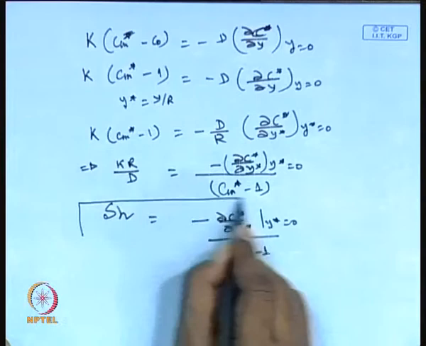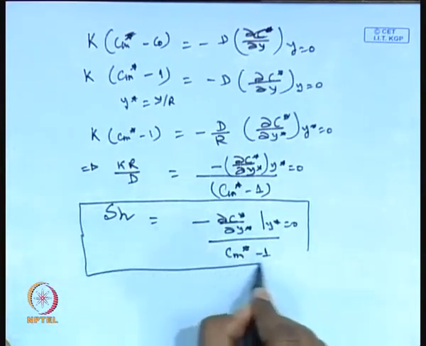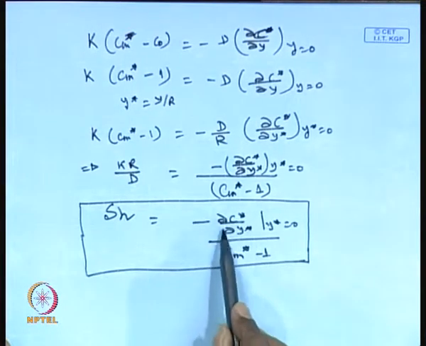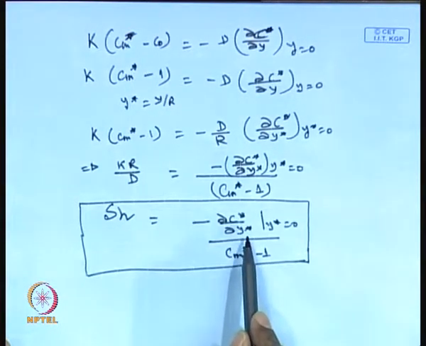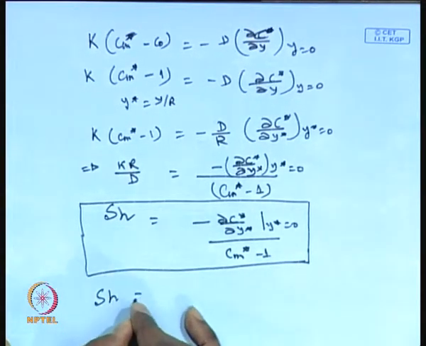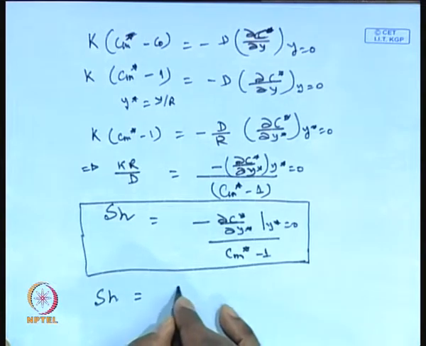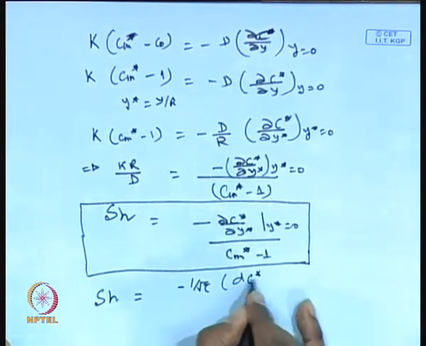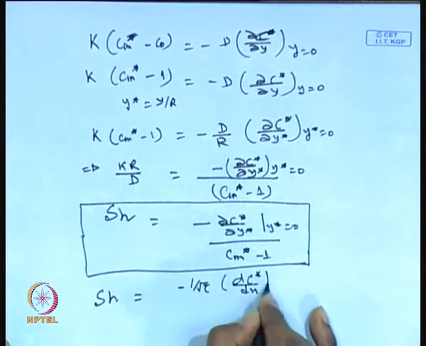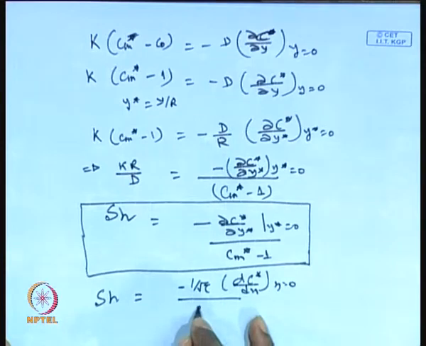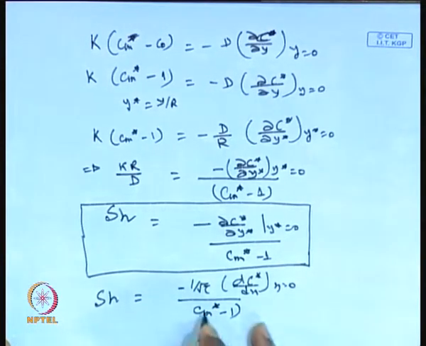Now, there is a neat expression of Sherwood number in terms of non-dimensional parameters, and if you now put the expression of del c star del y star in terms of eta, this becomes Sherwood is equal to minus 1 over root over tau dc star d eta at eta is equal to 0 divided by Cm star minus 1.